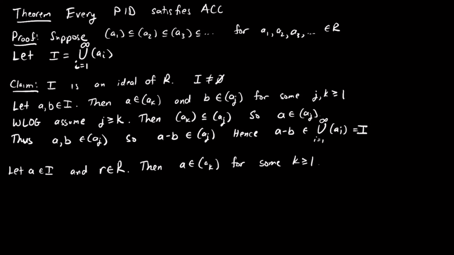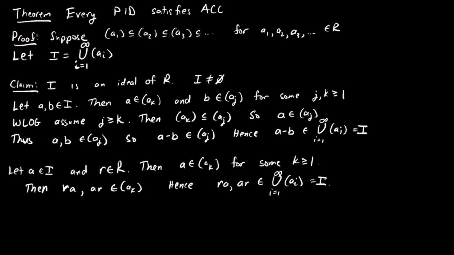I know that the ideal generated by A_k is an ideal. So I could say then ra and ar are elements of the ideal generated by A_k. Hence, I know that ra and ar are elements of the union of these ideals, which is equal to I.